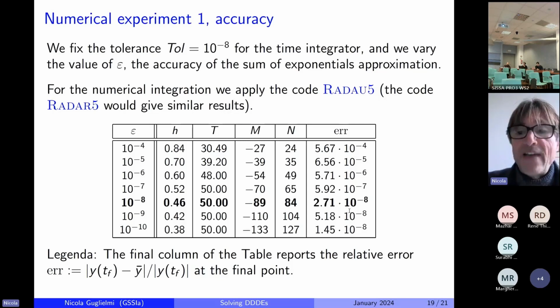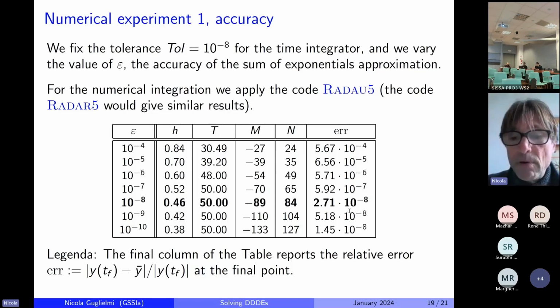Instead, if epsilon is smaller than 10 to the minus 8, then the final error is due to the numerical integrator, to the tolerance that the numerical integrator uses to control the local error. And you see, indeed, that after 10 to the minus 8, the error computed in the final solution stagnates at 10 to the minus 8, at the tolerance. This behavior, where the error here is the relative error, is exactly what we would expect.